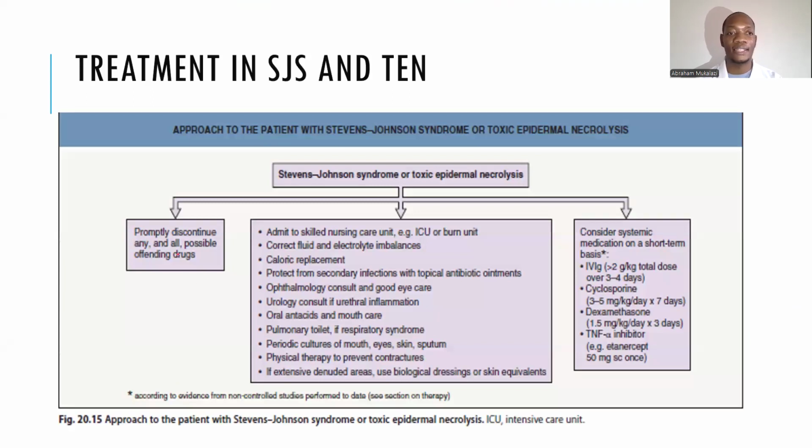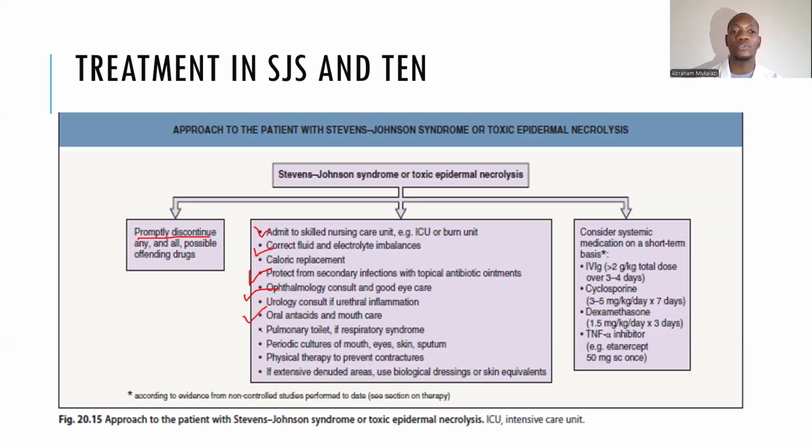So this table summarizes the treatment. First, we should have prompt discontinuation of the drug. Then you have to admit the patient, then fluid balance, then you calculate the caloric requirements and glucose supplementation. Then you have to take them for ophthalmic review because this condition also involves the conjunctiva and mucous membranes.